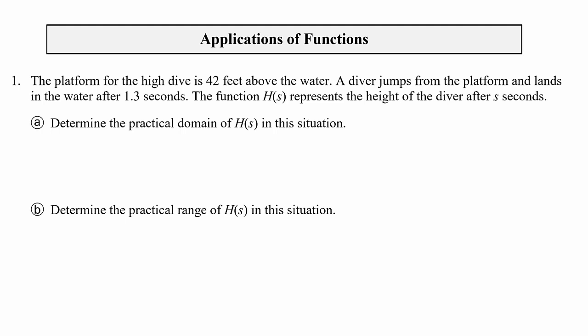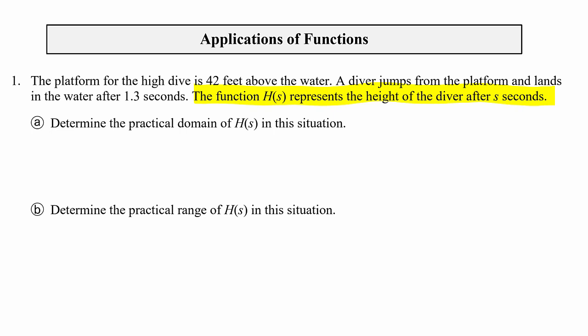For example, in number 1, you've got that the platform of a high dive is 42 feet above the water. A diver jumps from the platform and lands into the water after 1.3 seconds. The function h of s represents the height of the diver after s seconds. So let's take a look at that notation and see how much information we get from that sentence alone.